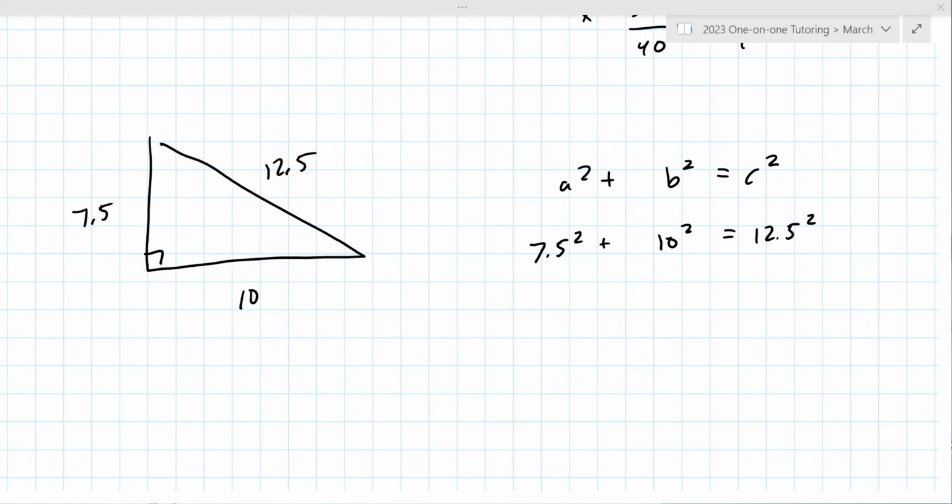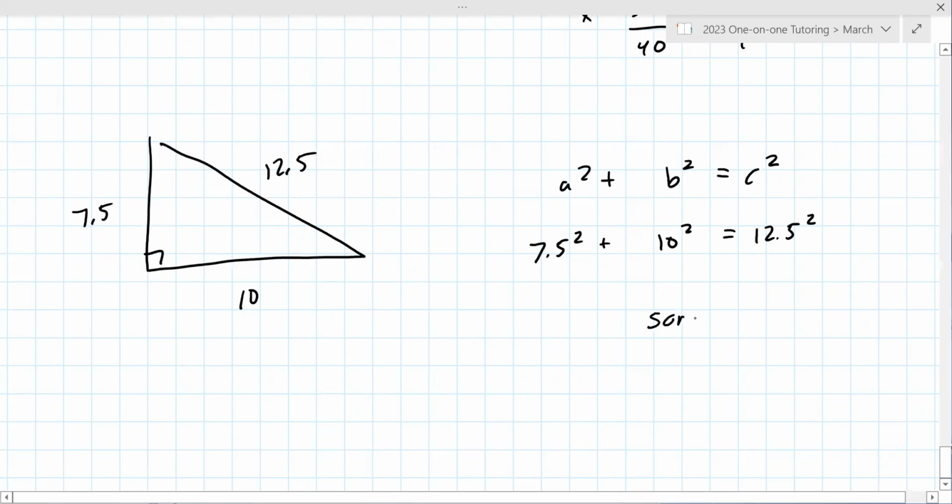So then 7.5 squared plus 10 squared is 156.25. Okay. And then 12.5 times 12.5 is 156.25 as well.